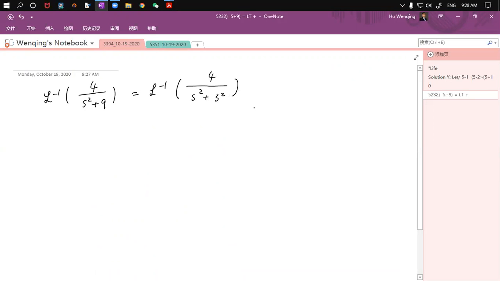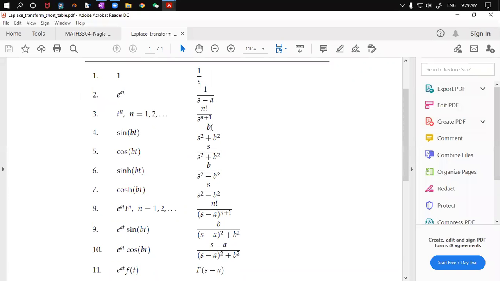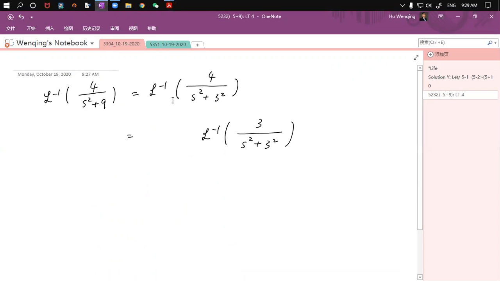Ideally, you are able to calculate 3/(s² + 3²), because if you look at the table, it is b/(s² + b²), or it is s/(s² + b²). The b now is equal to 3, so you want a 3. But it doesn't quite matter. You can say that this is 4/3 multiplied by 3.